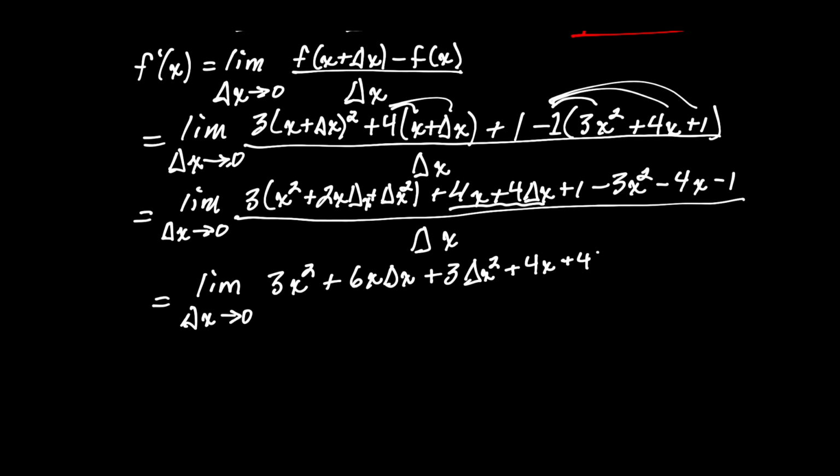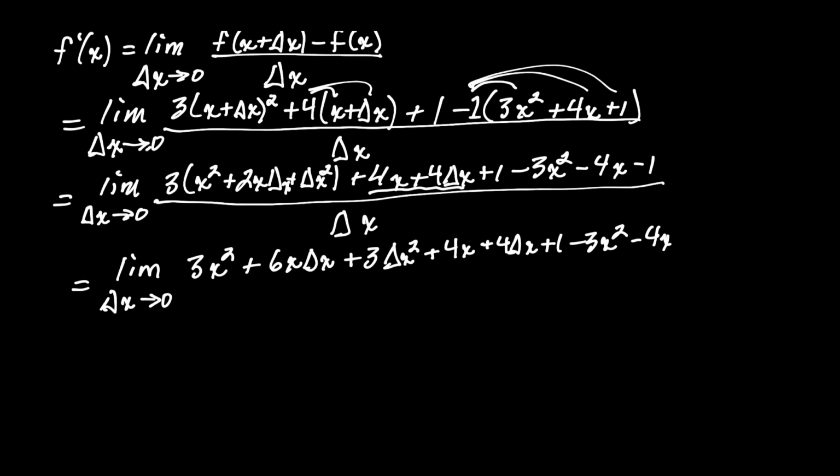Plus 4 delta x plus 1 minus 3x squared minus 4x, and running out of space here. This happens sometimes. So, all over. Don't forget the all over delta x.